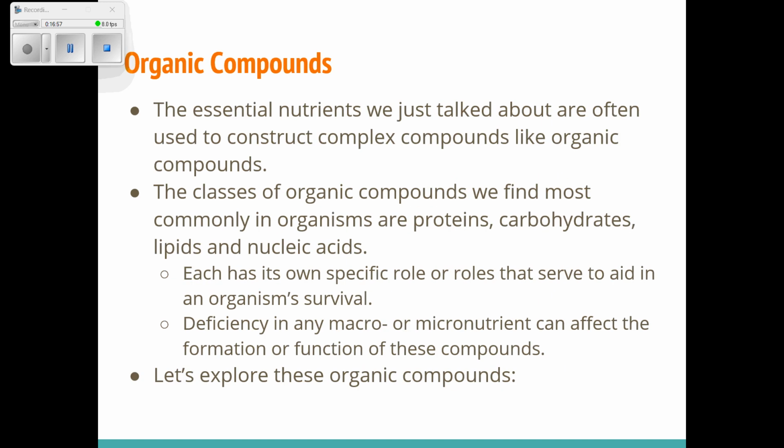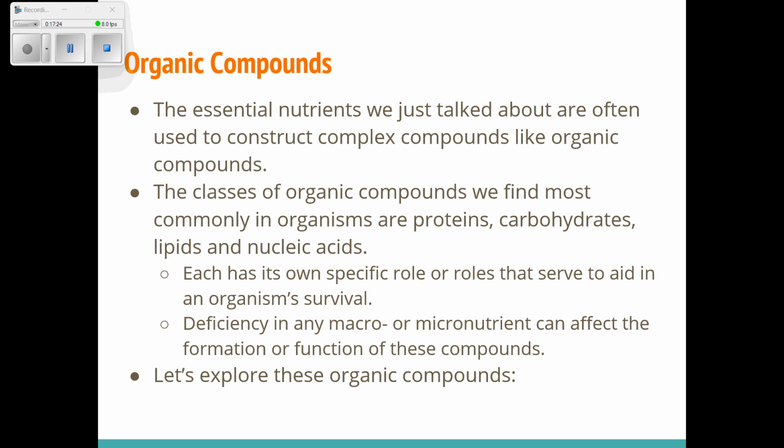So thinking about organic compounds, these are the ones that contain carbon. They are used to construct complex compounds using carbon and other elements. The classes of organic compounds we find most commonly in organisms are proteins, carbohydrates, lipids, and nucleic acids. So you've likely heard of these, right?